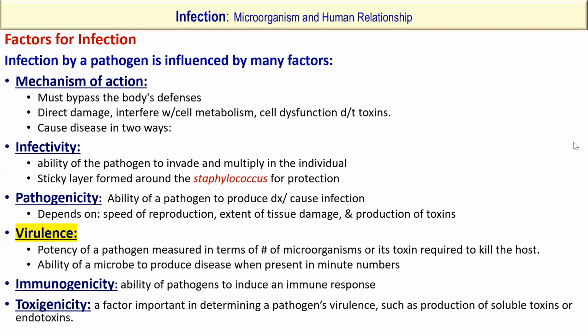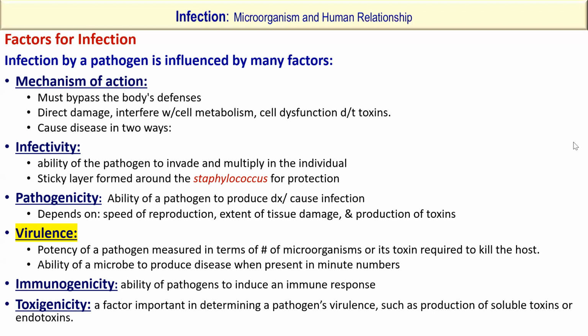We measure virulence also, for example, when you request a urinalysis and a culture and sensitivity test for urine. When you do the C&S, you're looking for virulence, because the culture will provide you the result in terms of how many CFUs of that microorganism have been isolated, how many microorganisms have been isolated, and for each one, how many cells you have.